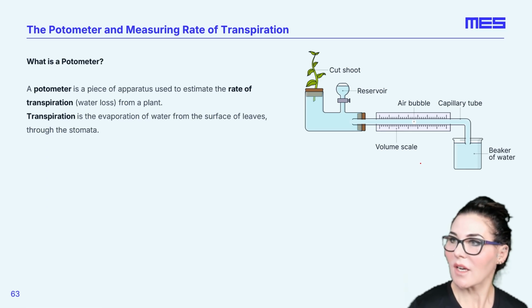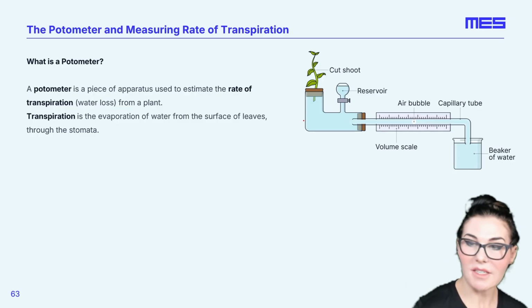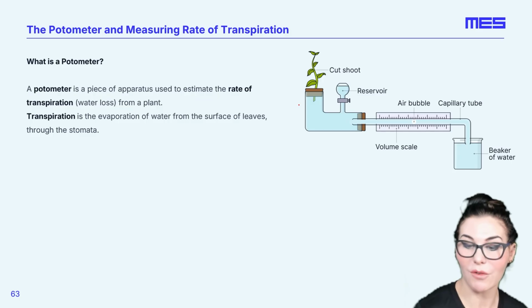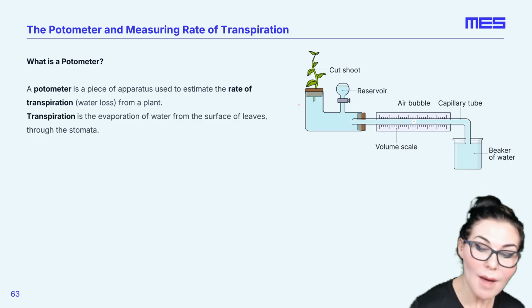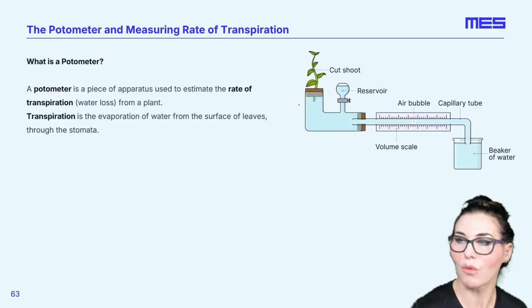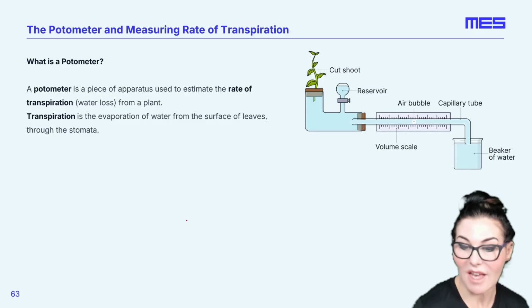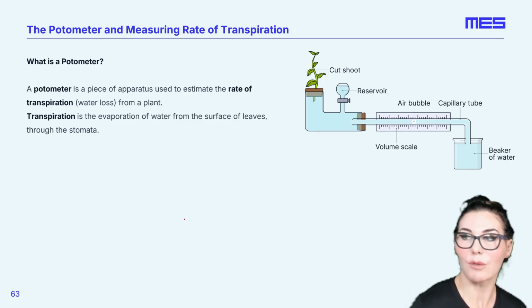Now, the potometer allows us to investigate a variety of things about transpiration. We can just look at the rate of transpiration from our plant generally through this piece of equipment, or we can compare plants and their transpiration rates, or even set up different environmental conditions around a plant to investigate them. So a humid day, for example, we could mimic a very light day, a windy day, in a variety of different ways.